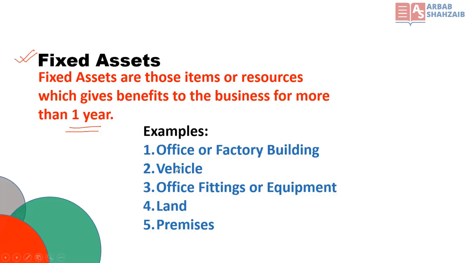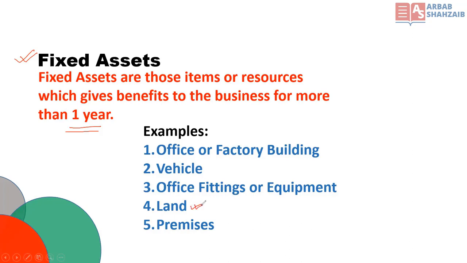A vehicle has a life of up to 5, 10, or 15 years. Office fittings or equipment, like AC, generator, table, anything which is kept in the business for more than 1 year and which is giving benefit to the business to earn revenue is your fixed asset.